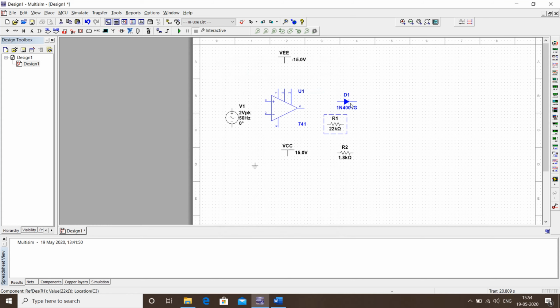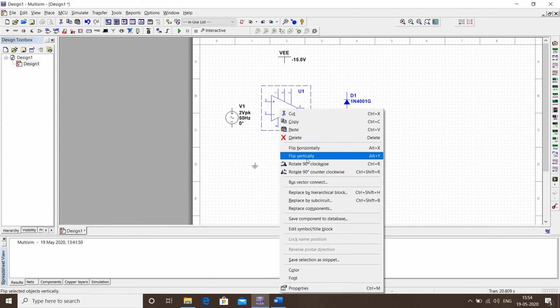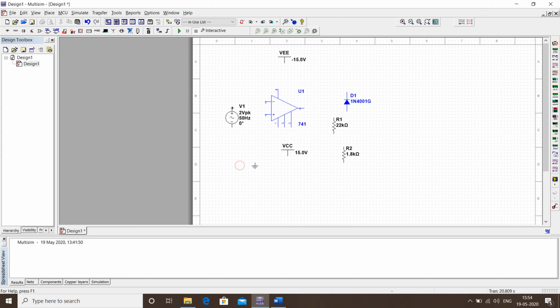And we will make these components vertical. The diode has to be placed in the opposite orientation. So I will flip this so that I can easily connect the input to the inverting terminal, and this is the ground terminal that is required.